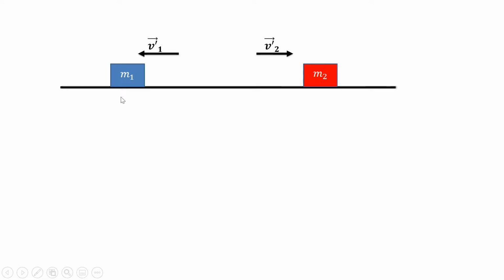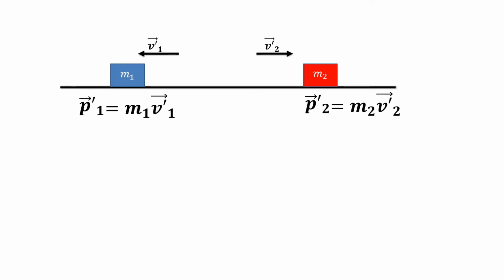To compute the momentum of mass 1 after collision, we also use a prime. So p1 prime is equal to mass 1 times v1 prime. For mass 2, p2 prime is equal to m2 times v2 prime.